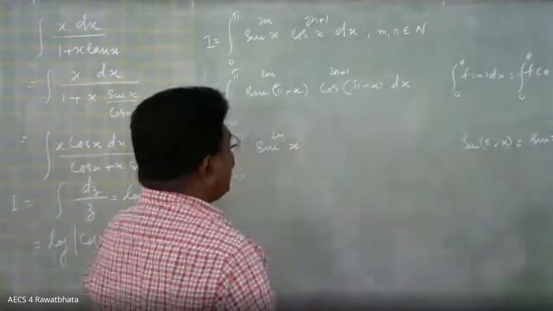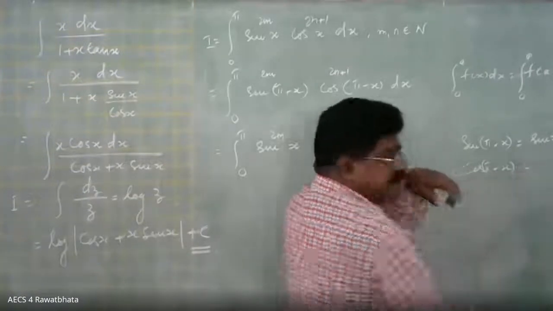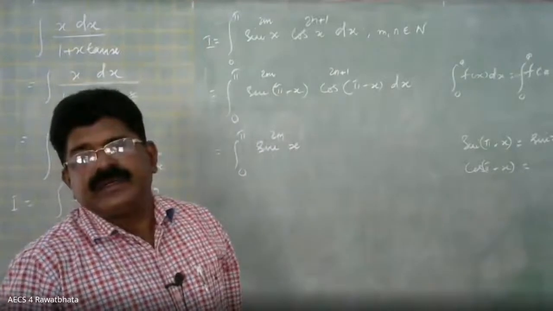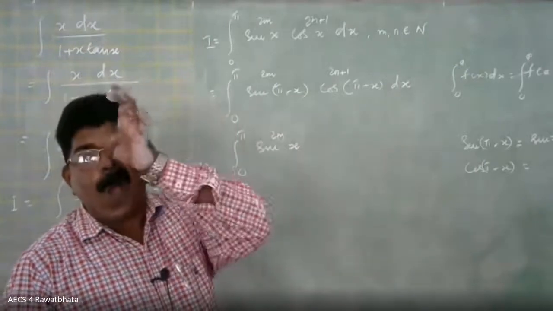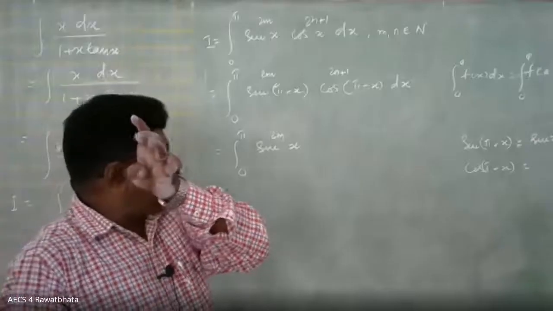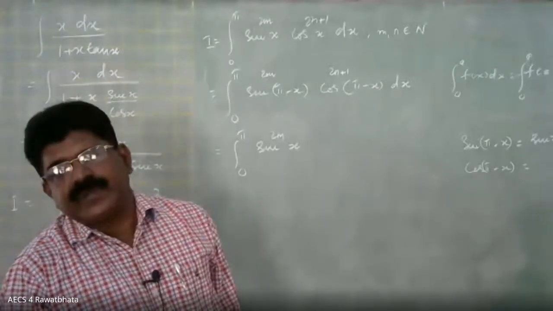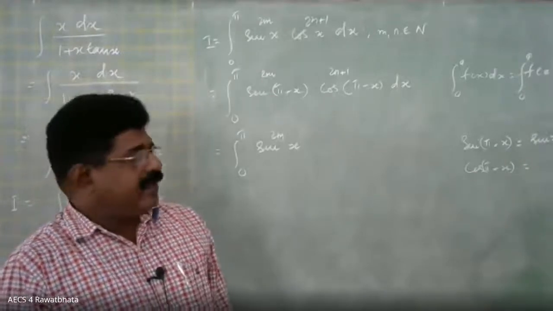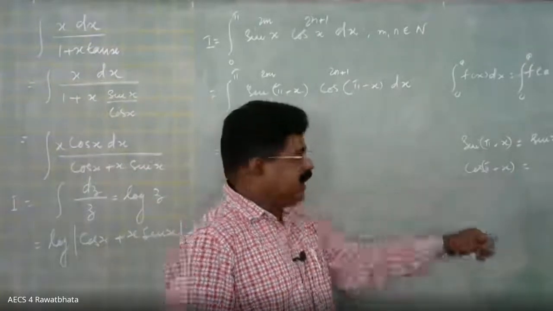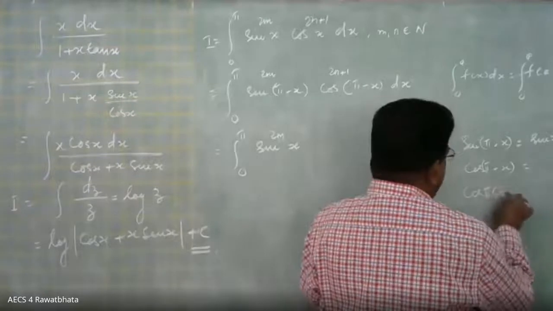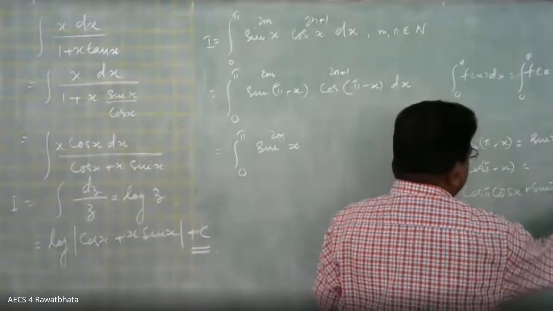Correct. And cos of pi minus x? Cos 180 minus theta. Don't worry, apply cos A cos B plus sin A sin B. Here cos pi cos x plus sin pi sin x.